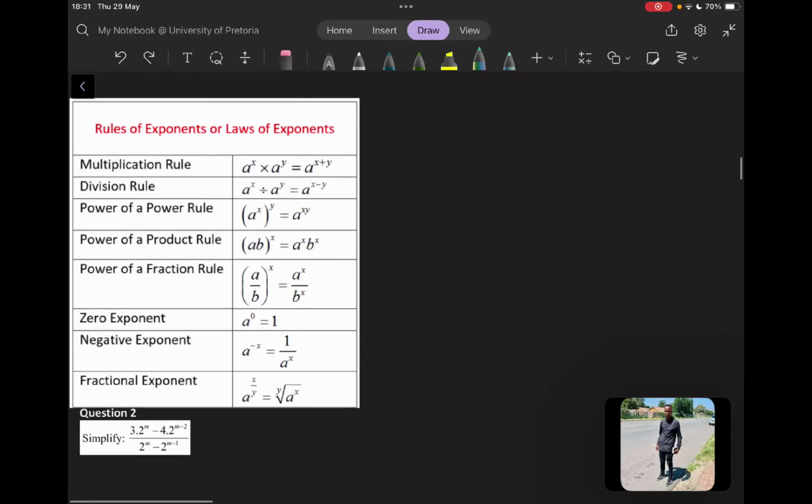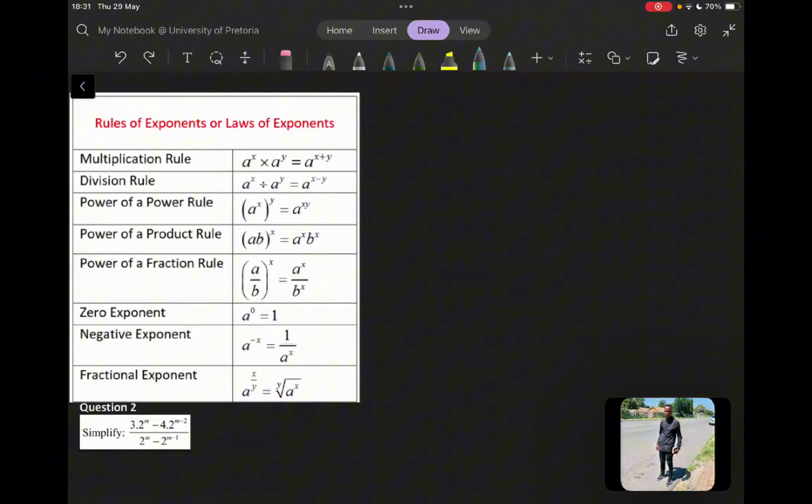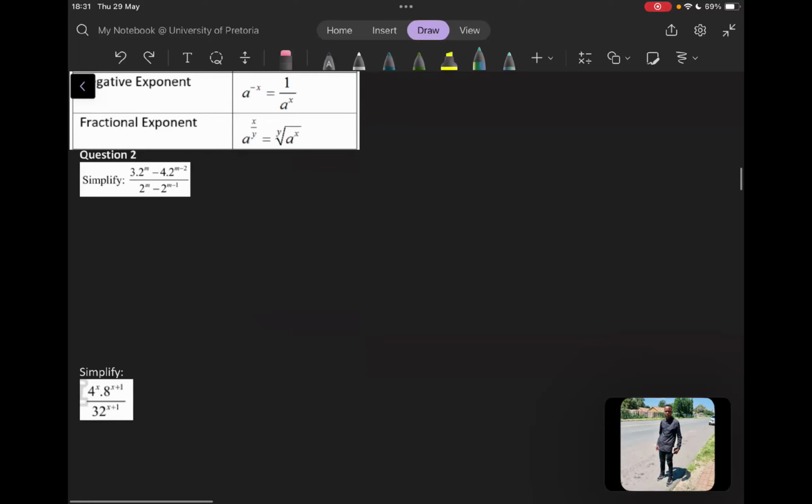For the previous question, we are moving on to exponents now. Please familiarize yourself with the laws of exponents, as we will be using these to solve the questions to follow. Right, question 2.